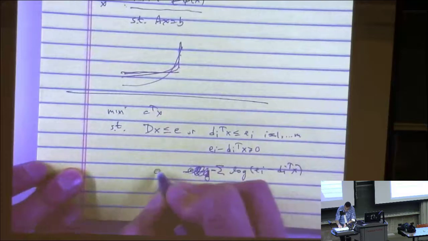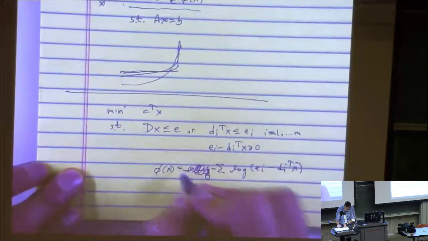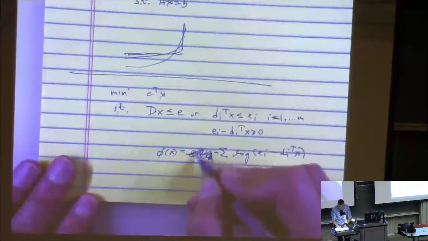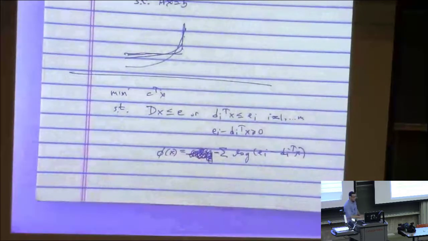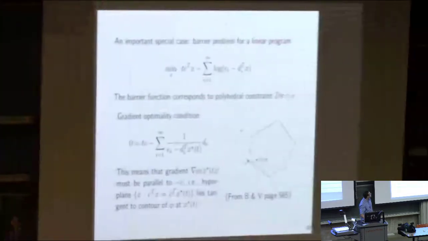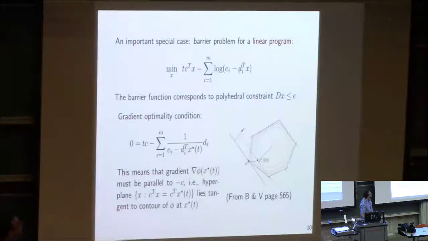That's the barrier function corresponding to this problem, and that's what I'm showing you up here. This is the barrier problem: t times the criterion plus the barrier function, negative sum of log of e_i minus d_i transpose x.